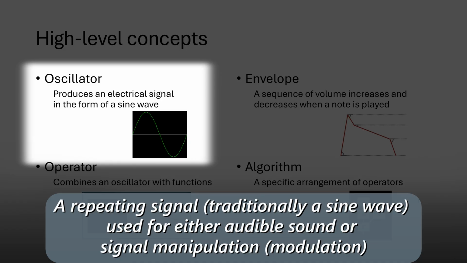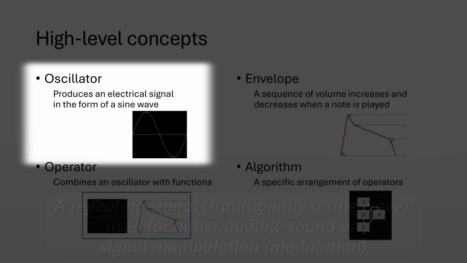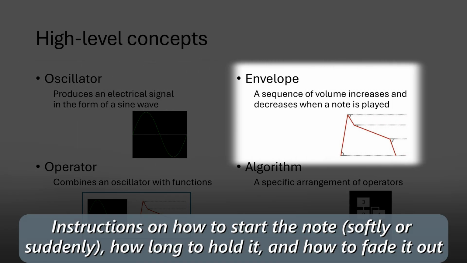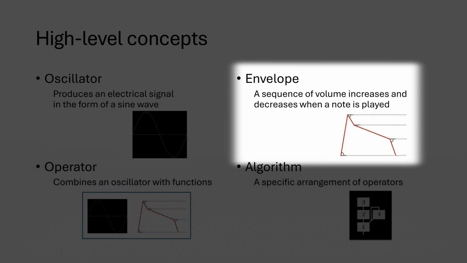So at a high level, going from left to right, top down: an oscillator is the first basic component of FM. It's sort of like a function generator. It just produces a sine wave. You have an envelope, and that controls the volume output of the sound.